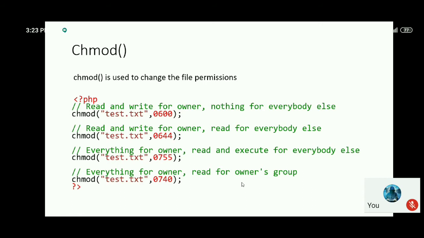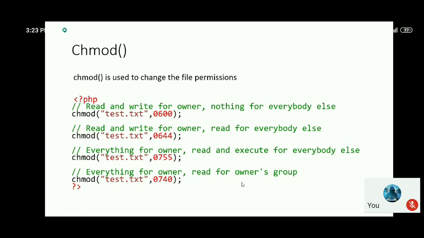Now, in the first case, I have specified the file called test.txt, and the first parameter will always be 0. It's a common parameter, so always make it 0 here. The second parameter from the left belongs to the owner.